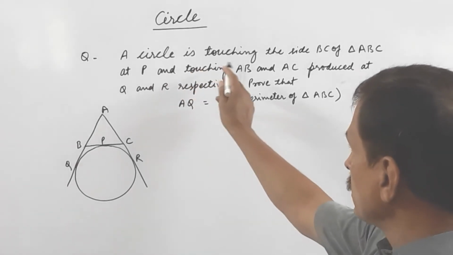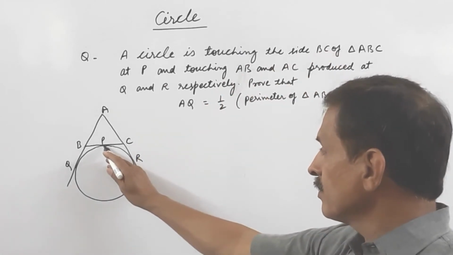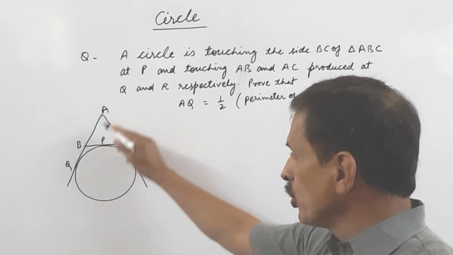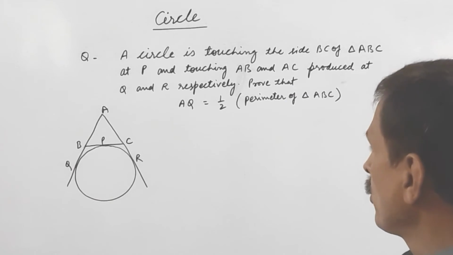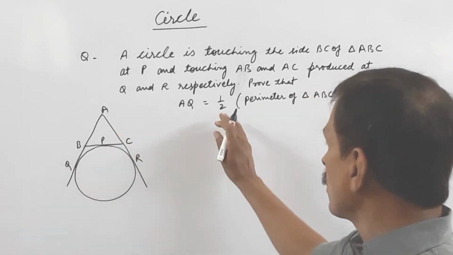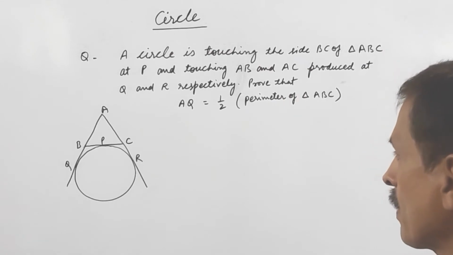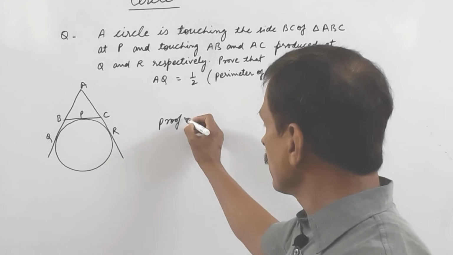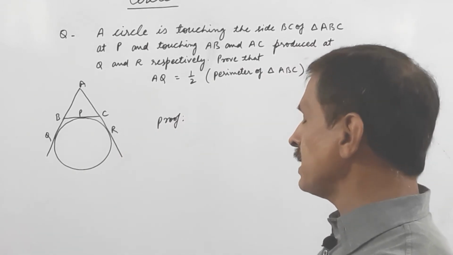A circle is touching the side BC of a triangle ABC at point P, and AB and AC produced at Q and R respectively. Prove that AQ is equal to half perimeter of triangle ABC. In order to prove it, we consider triangle ABC.